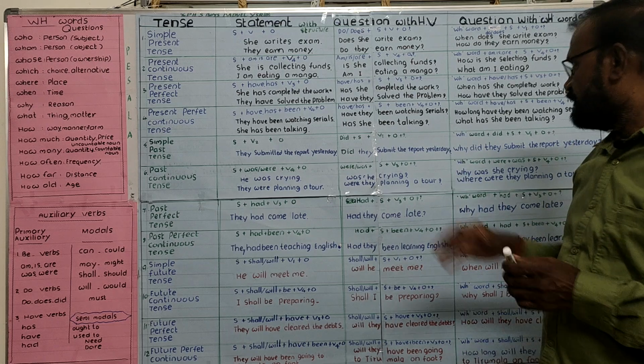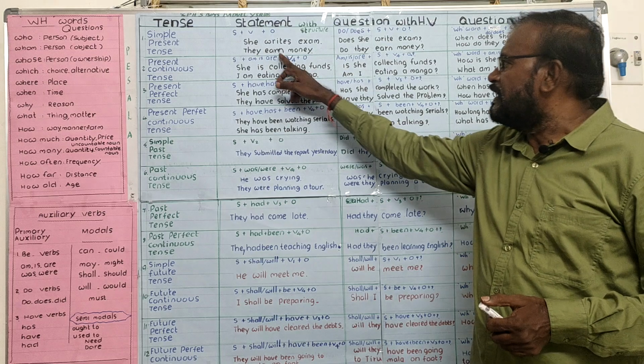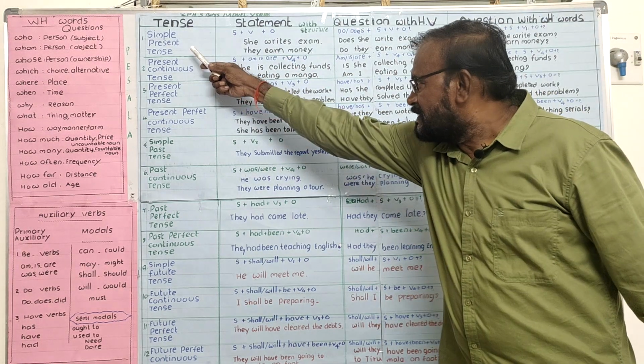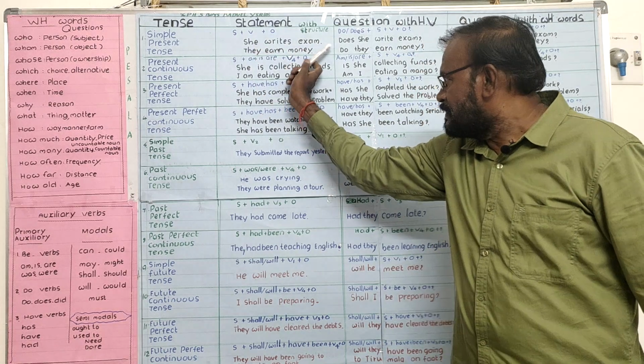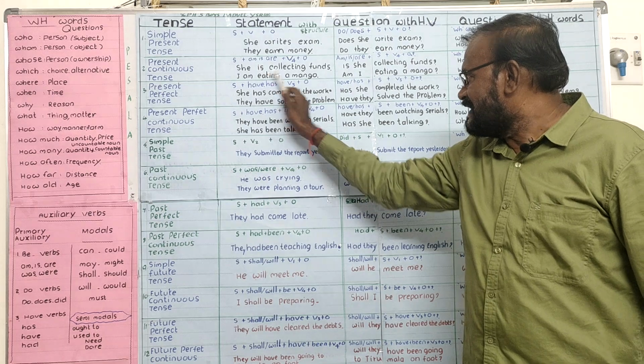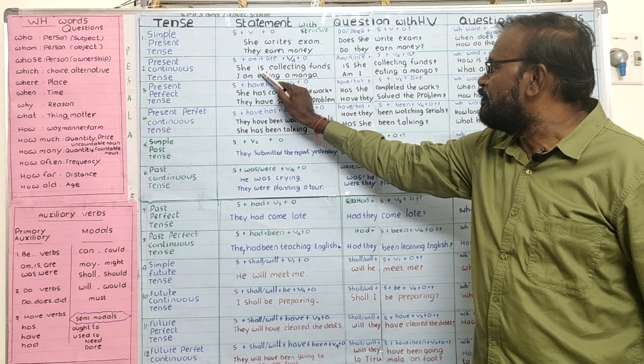or no type question. Here see, they earn money. Do they earn money? And then see this. These are simple present tense and present continuous tense. She is collecting funds. Here, the helping verb is "is".